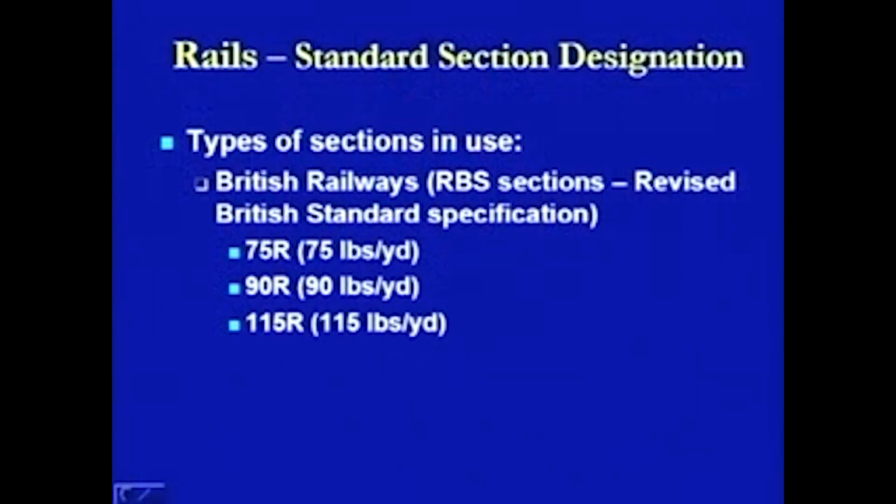Now, we come to the standard sections or designations which have been used on Indian Railways or otherwise. There are types of rail sections which have been used, because the British were the people who started the railways in our country. So, they used their own standards, as I have told you in one of the previous lectures, and that is why we had the specifications from the British, that is RBS sections or revised British standard specifications.